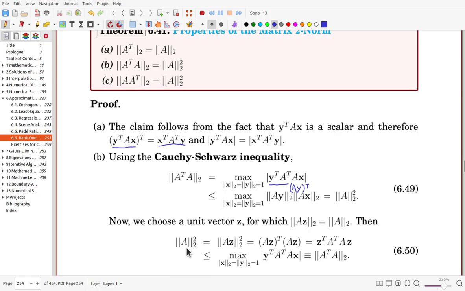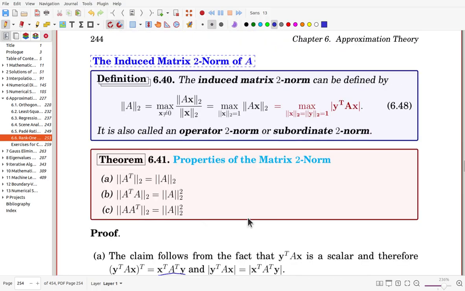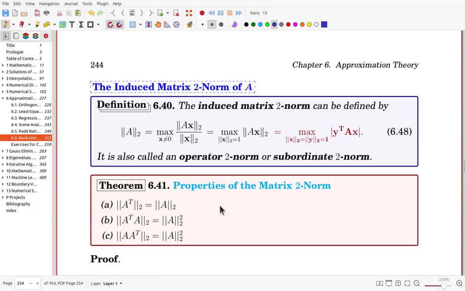Okay, this one, the 2-norm of A squared. Now, let's go to the definition. The 2-norm of A is the maximum of the 2-norm of Ax, and that means that for some vector z, that is the same as this one, the 2-norm of Az with the norm of z equal to 1, because we are choosing this one to be maximized over every possible x having length 1, but among them there is one vector z such that this maximum will be the same as the norm of Az.